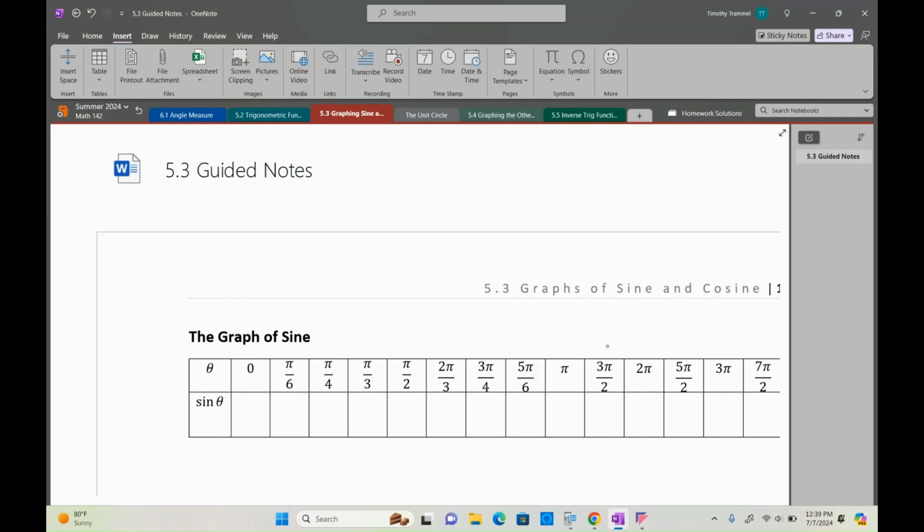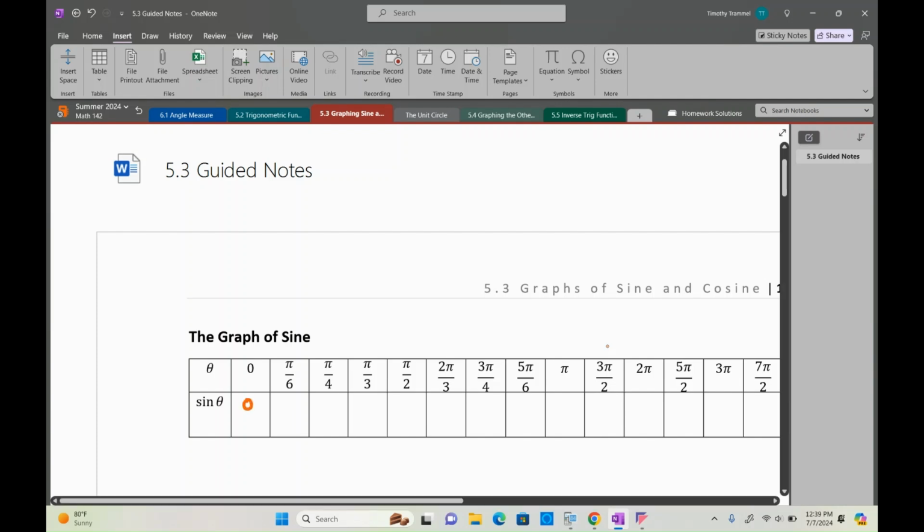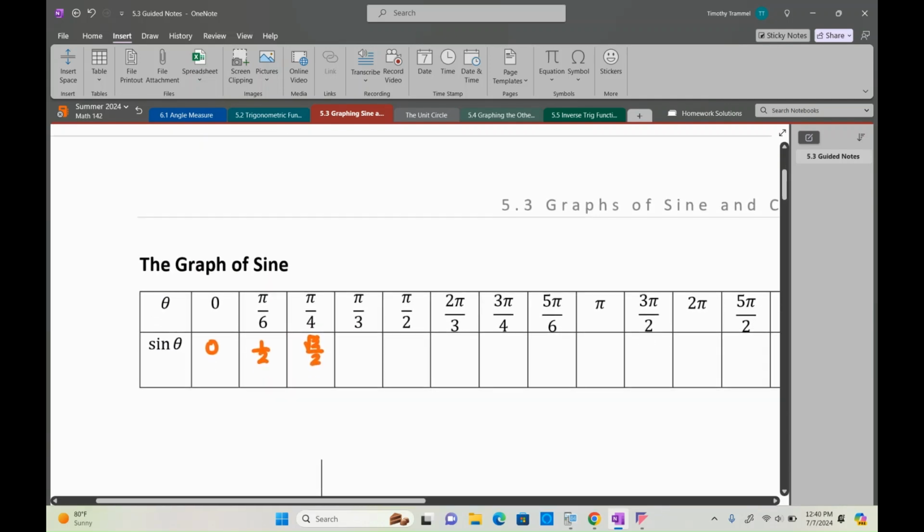And so, for instance, you might remember sine of 0 is 0. Sine of pi over 6 is 1/2. Sine of pi over 4 is going to be root 2 over 2. Let me zoom in here a little bit. There we go. Sine of pi over 3 is going to be the square root of 3 over 2.